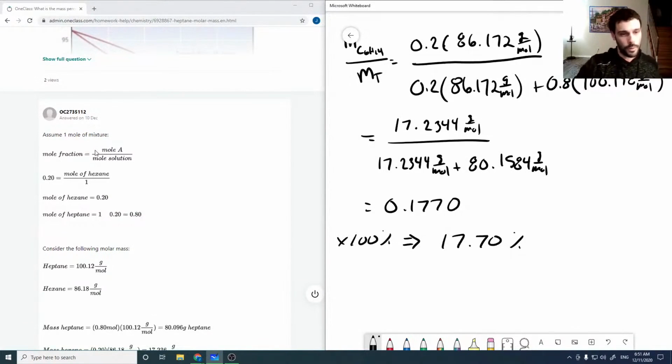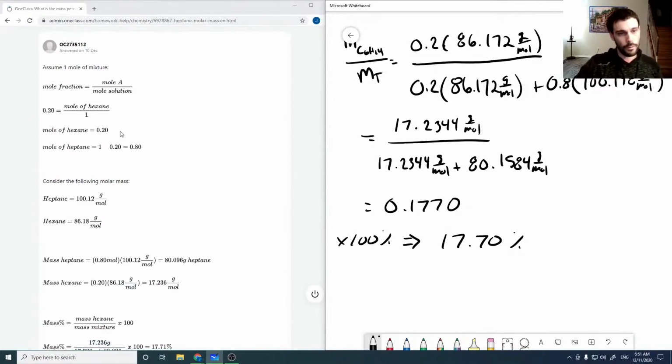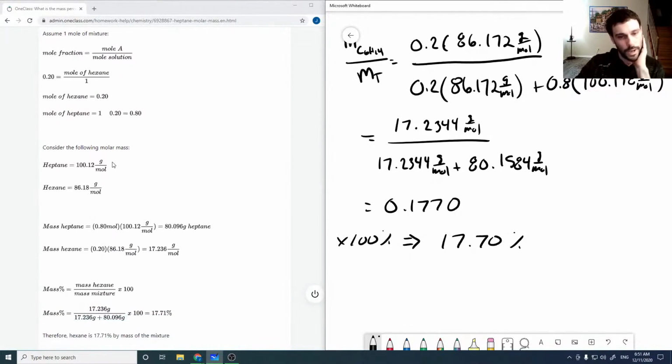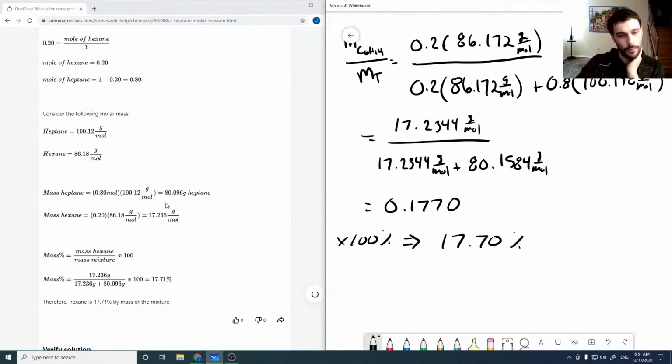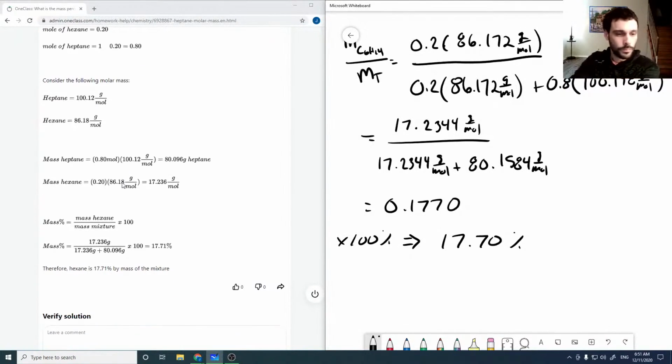If you work with a mole, your mole fractions are still going to be the same. You'll get a mass amount for this fictional number of moles, but then the mass percentage will always carry over.